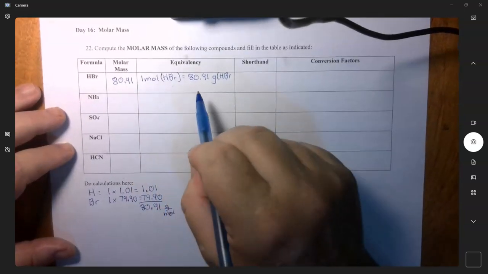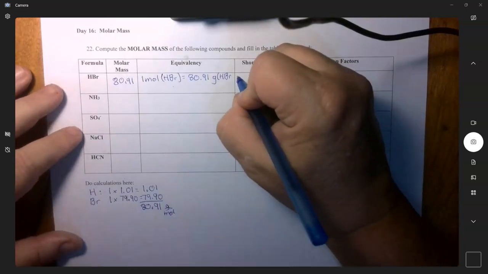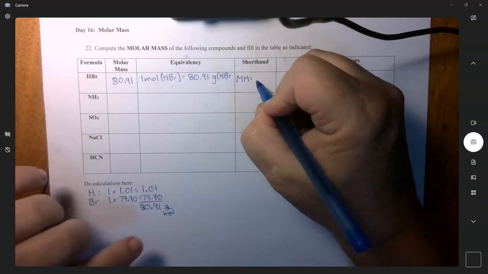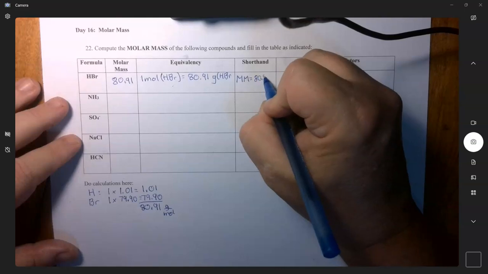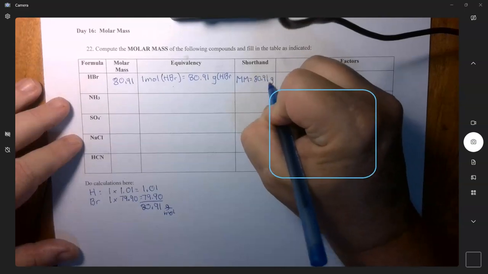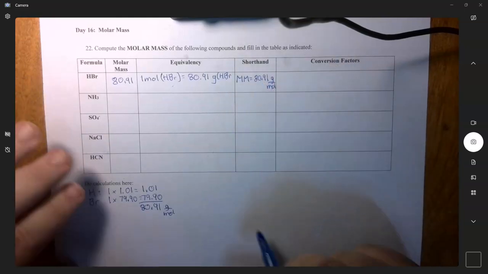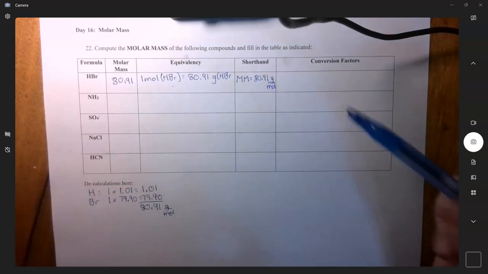So 1 mole HBr, 80.91 grams of HBr. The shorthand is just molar mass, MM, equals kind of what I wrote down there. Grams per mole. That's the way it'll appear in a problem. They'll say the molar mass of hydrobromic acid is 80.91 grams per mole, and then they'll go on and you'll use that later on.